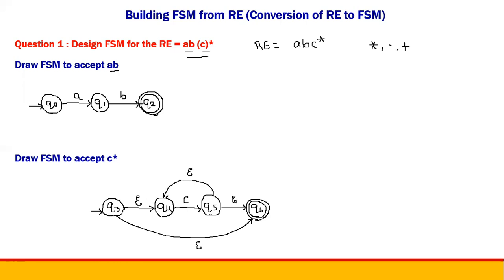Now it will read C and reach the final state with one C, but once it reads one C, it can go back and read another C, any number of C's. At the same time, it can read zero C's also. So this is the equivalent FSM for C star. I hope you are clear with these two now.